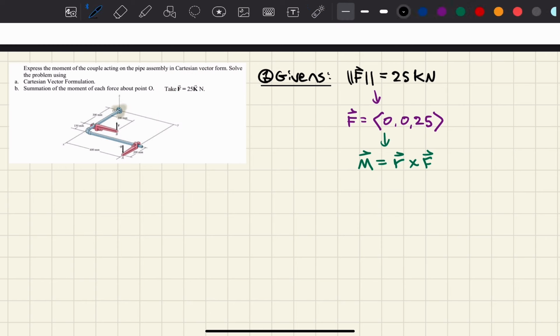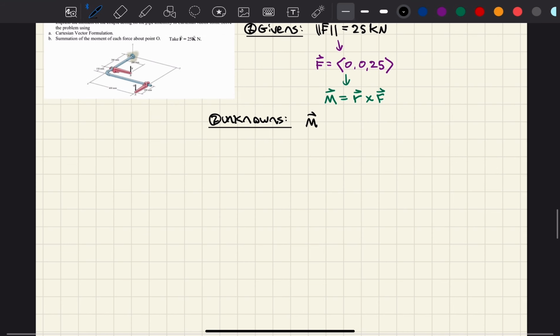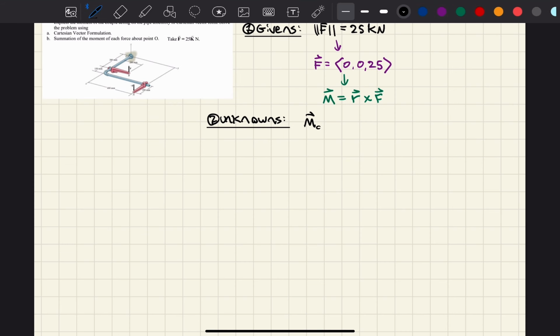Assumptions, or not assumptions, unknowns. Assumptions is for thermodynamics, not this fun stuff. So the unknowns: we want to find our moment vector using the couple moment idea, and then we also want to find our moment with respect to point O. Perfect.